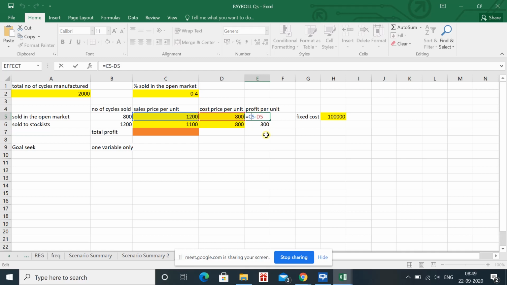We have just simply taken the difference of selling price minus cost price for the open market, and then the same we have applied for the stockist, that is selling price minus cost price. And in the question itself they have given the value of fixed cost. So these are the information which are given, and we have calculated some values by the simple formulas.